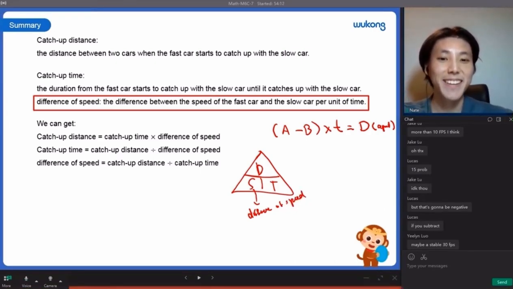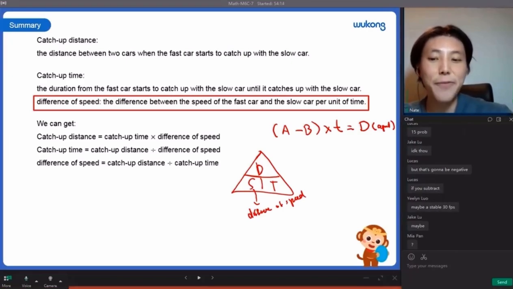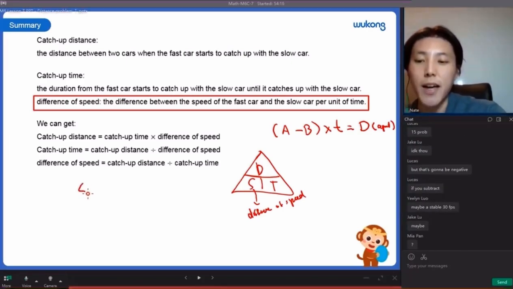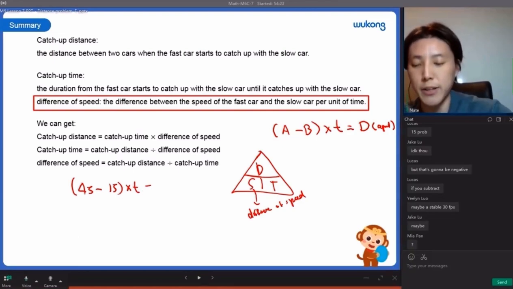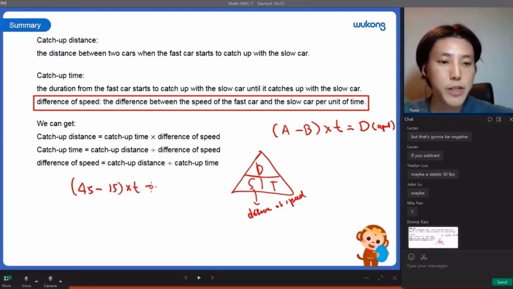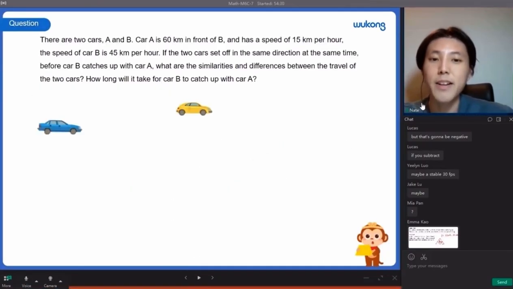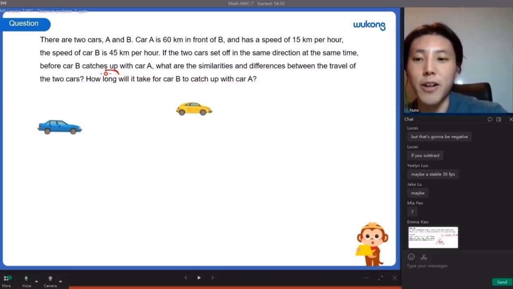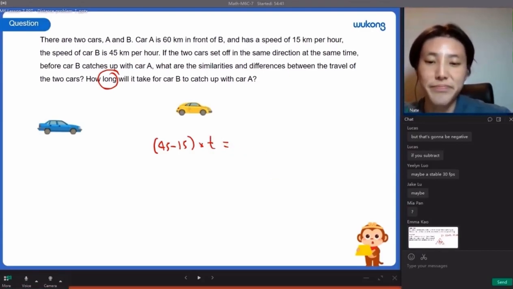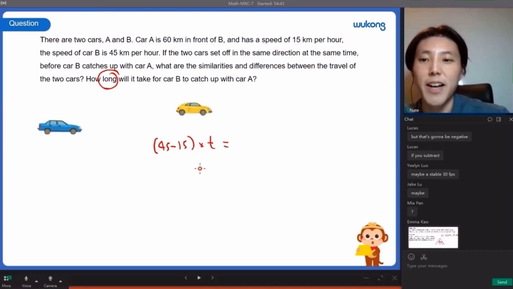Okay? So for the previous question, it was 45 and the other one was traveling at 15. And we would want to look for how long they travel for. What was the question? I can't remember. Let's go back. How long? Yeah, we're looking for time. So it's 45 minus 15 times t. Oh wait, but we don't know how far ahead they are.